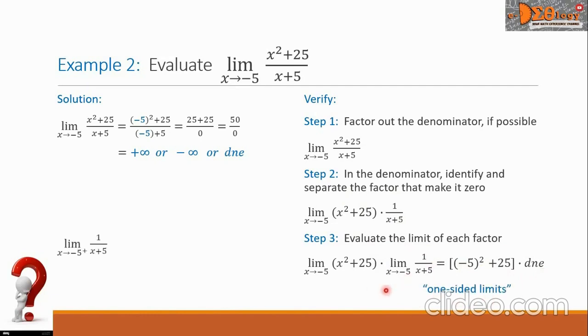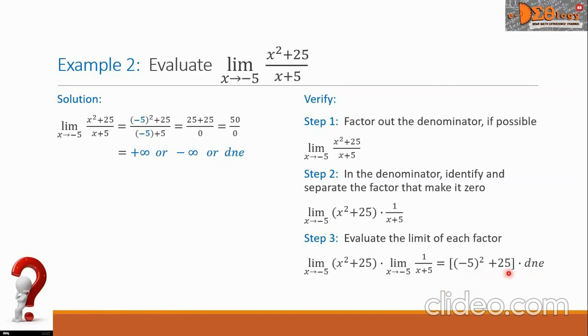We can take first the right-hand limit of this function, and it is here. Evaluating this limit, we will get positive infinity, while the left-hand limit of the same function will give us negative infinity. In this case, we can see that the one-sided limits are not equal. As a rule, the two-sided limit does not exist.